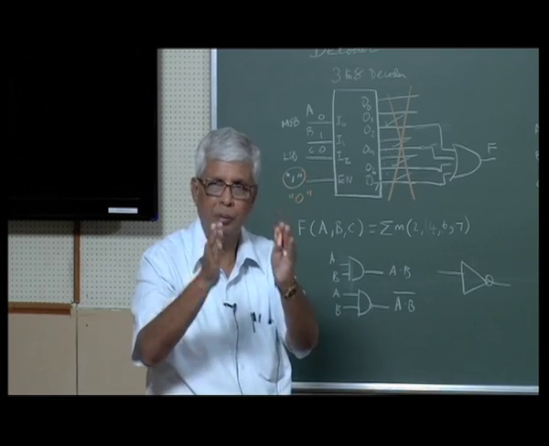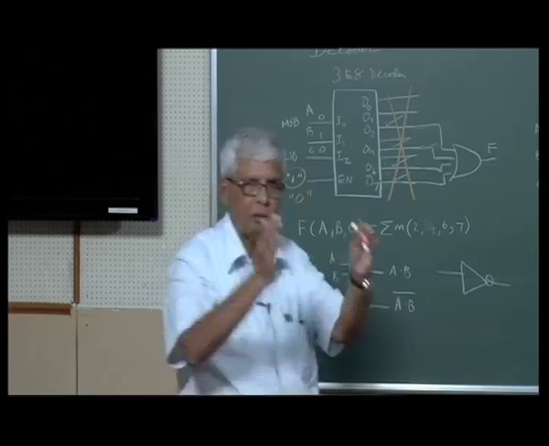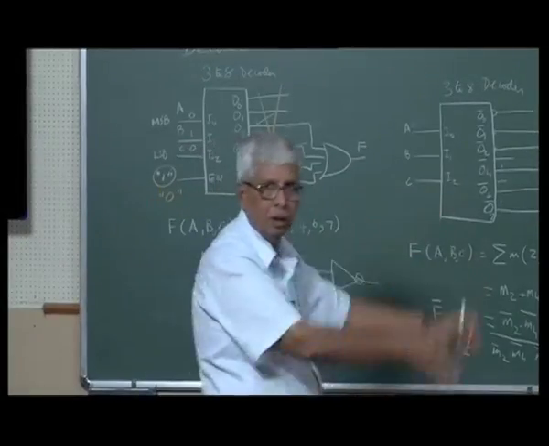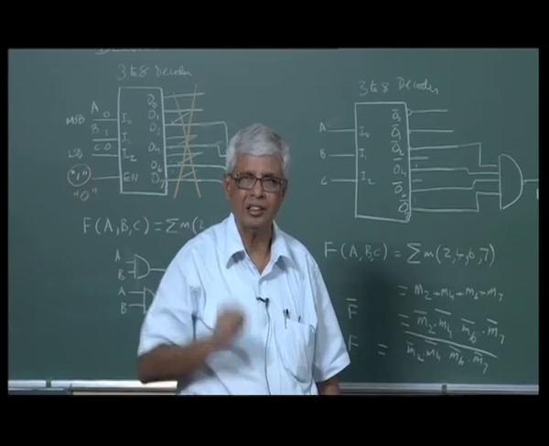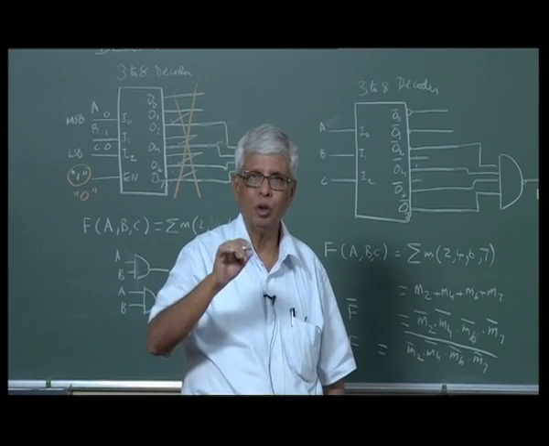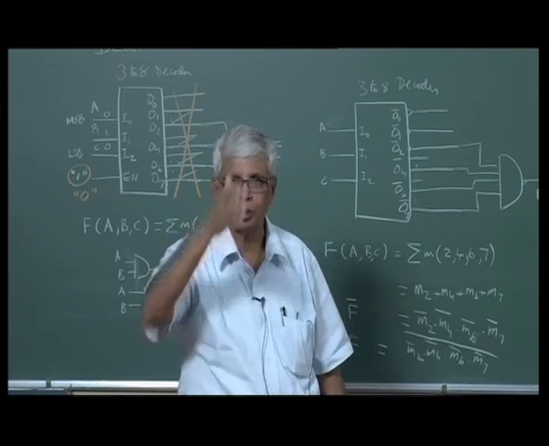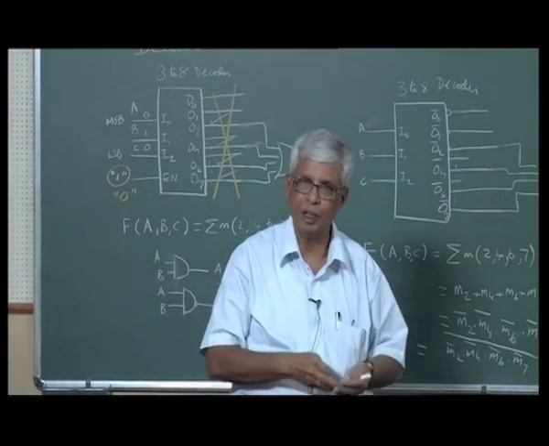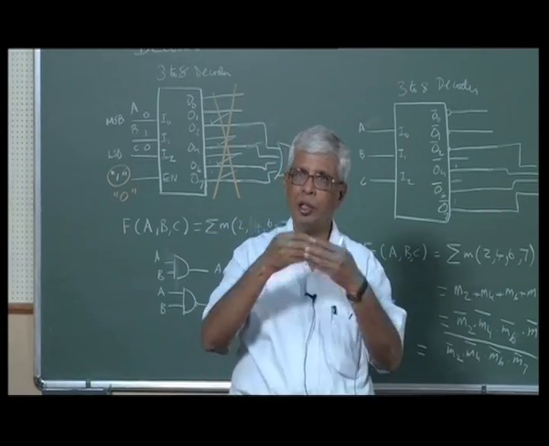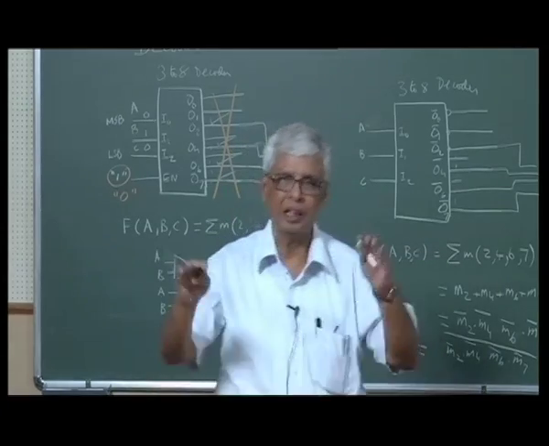Earlier there used to be big data books. Today you go to the website of National Semiconductor and go to decoders, and they will tell you all the decoders possible. They will give you the circuit diagram, they will tell you how much voltage you can apply maximum, how much minimum, what current it takes, everything will be there.